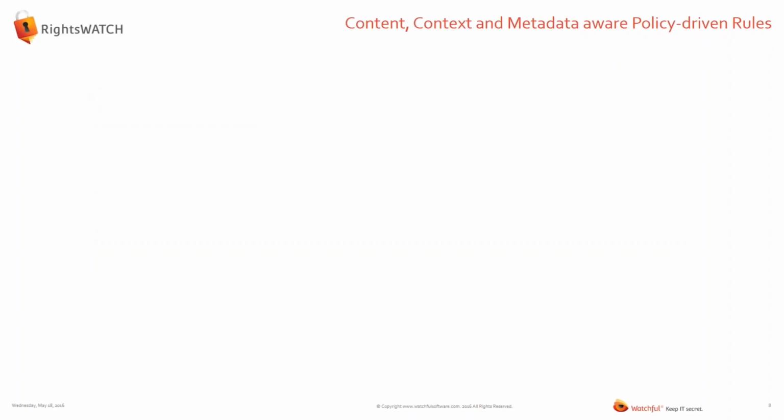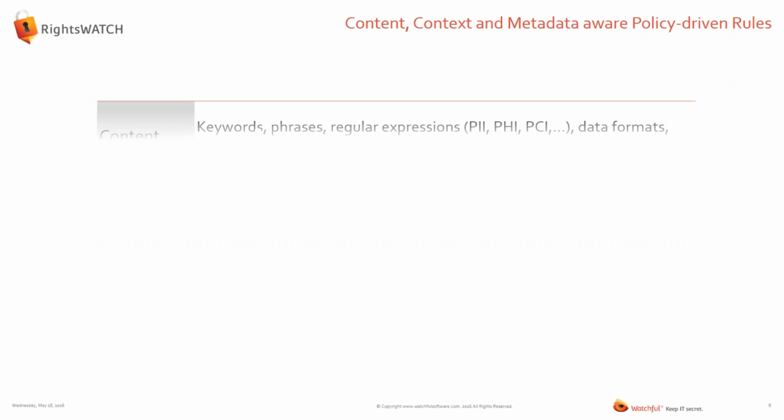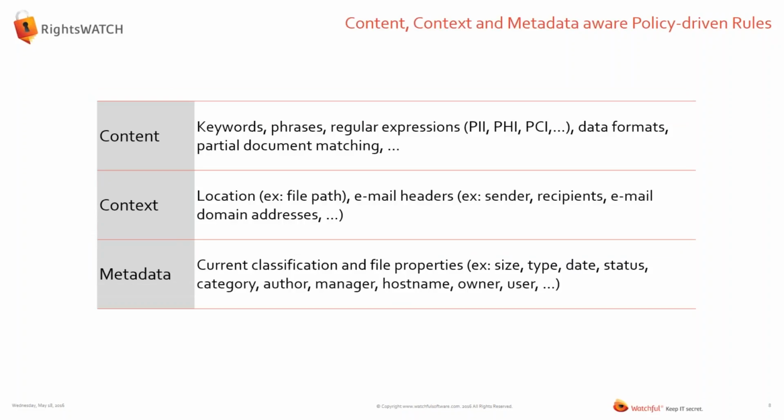Also, some documents or emails must be automatically classified either by content, meaning the information contained in the email or document, like data formats or regular expressions, their context, like the person who is creating the email or the file, where it will be stored or sent to, etc., or even the embedded metadata, the current classification of the files, the file properties, for example.